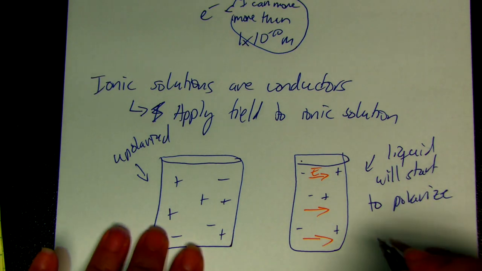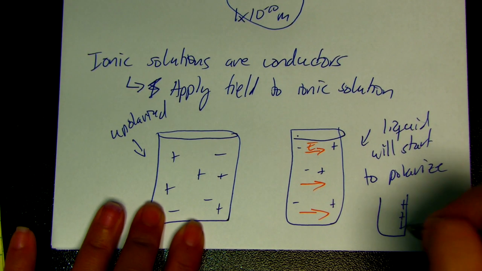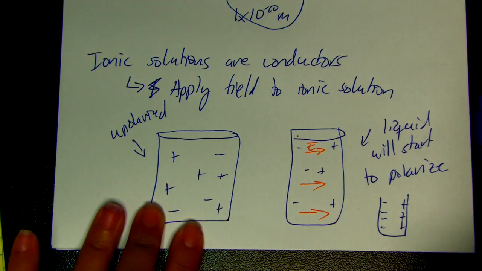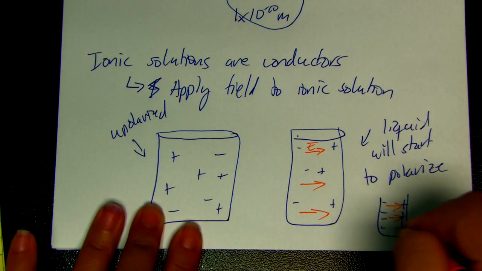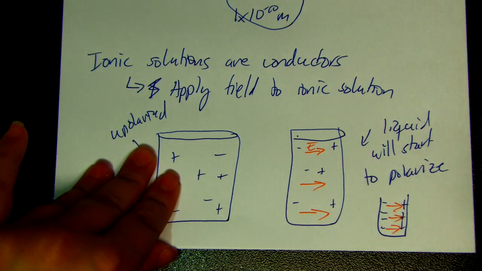And then eventually you will have this: all the positives on one side and the negatives on the other. And then when you have that, it's polarized.